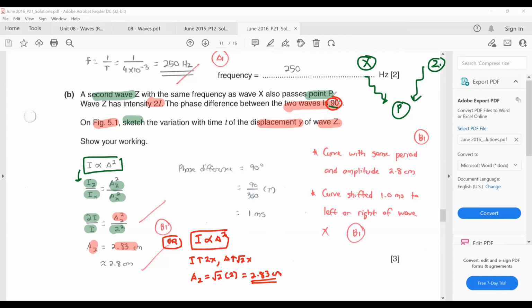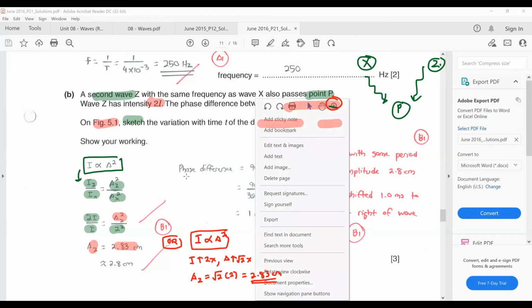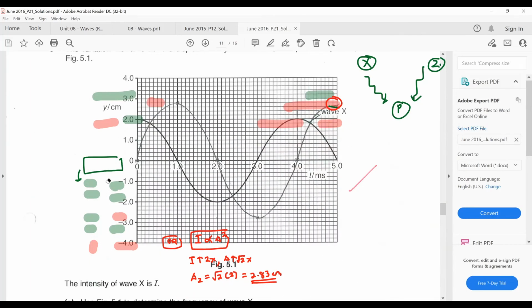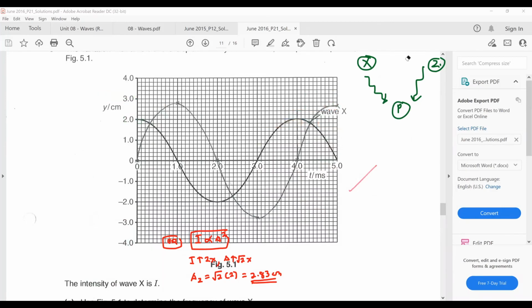So by how much should your wave be shifted if you want it to have 90 degrees phase difference? If you look back at the original diagram over here, the green colored wave is your original wave. If you have a phase difference of 90 degrees, what fraction of a cycle is it?